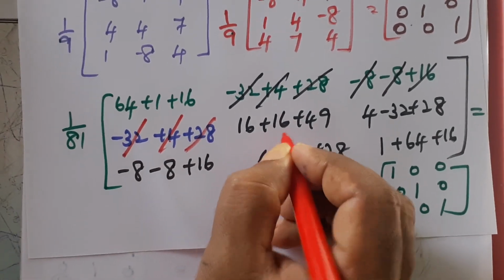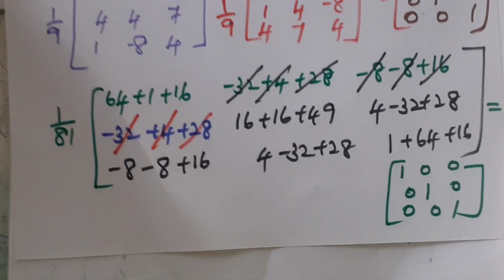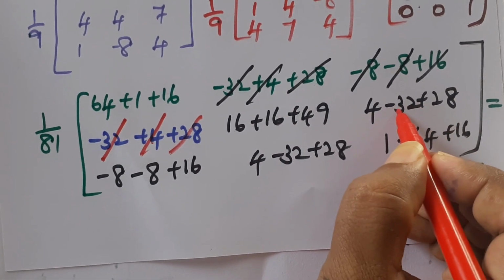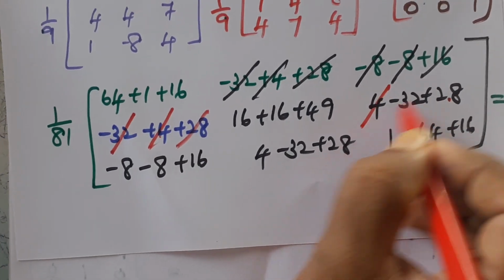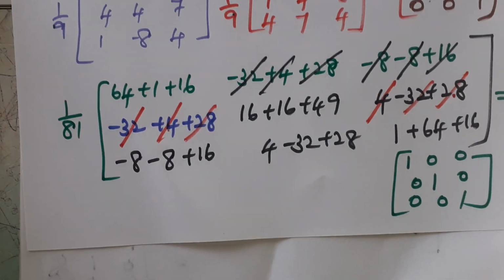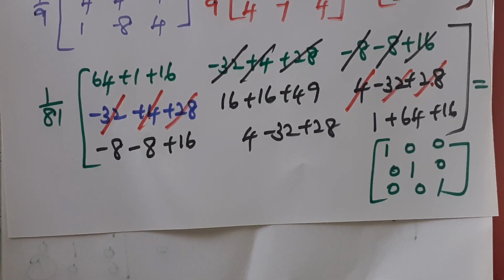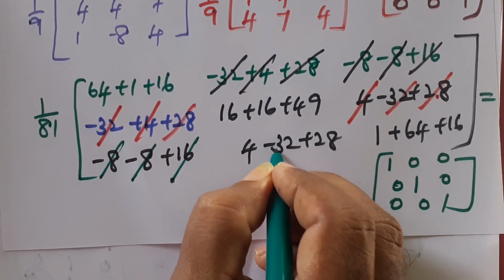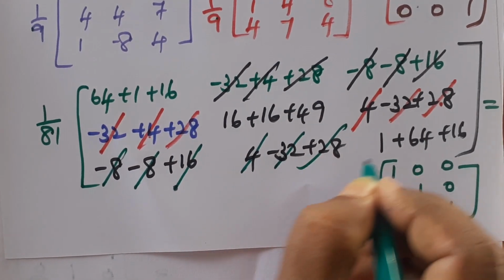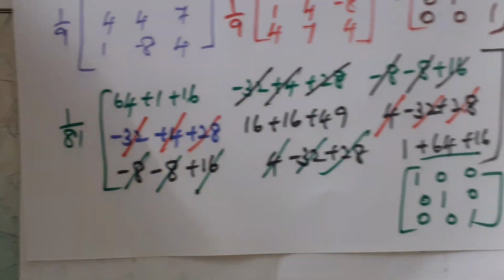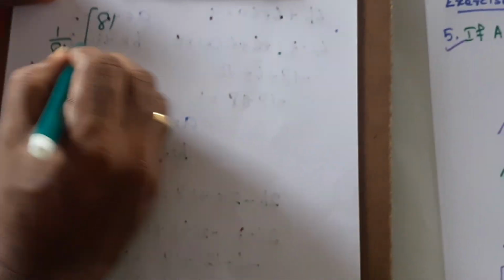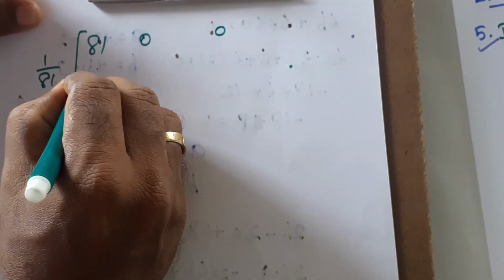After cancellation, next one, this is not possible to cancel, but in the next term minus 32 is there, plus 28 plus 4, so it will also be cancelled. Then one more term: minus 8 minus 8 is minus 16 and positive 16. Here minus 32 plus 4 plus 28 also cancel. After simplification you get 1 by 81, then 0, 0, again 0.